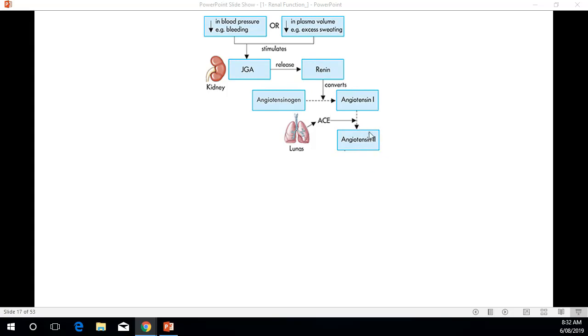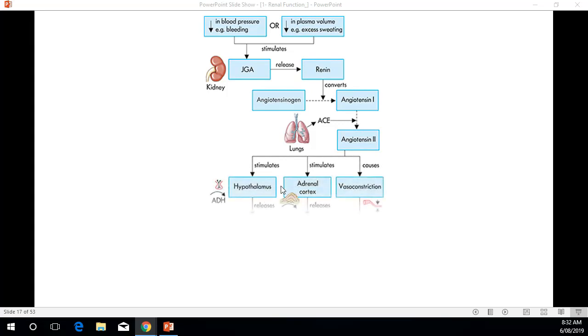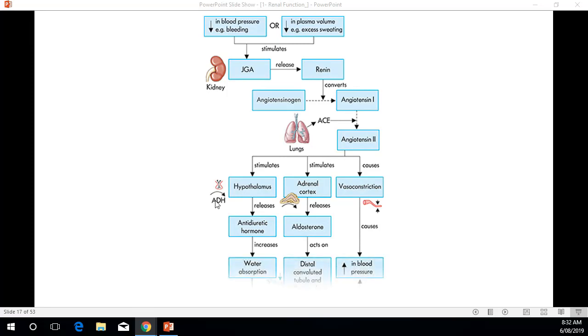Once angiotensin 2 is produced, it will have multiple effects. It will stimulate the hypothalamus, which will produce another hormone known as antidiuretic hormone, or ADH. It will also stimulate the adrenal gland, which will produce a hormone known as aldosterone.